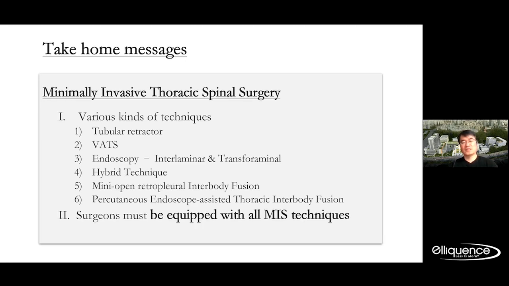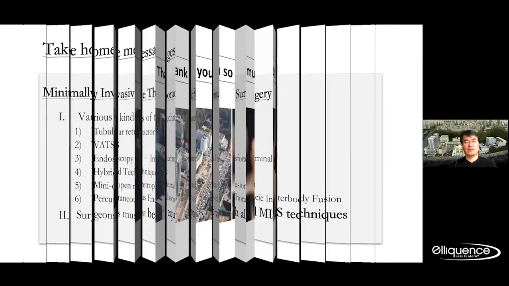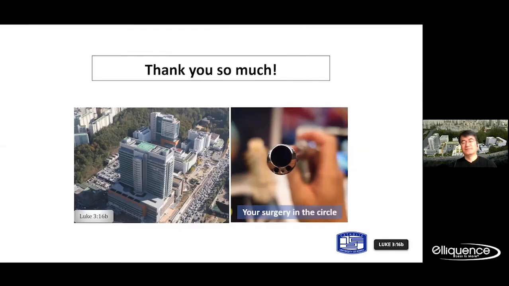But the important thing is MI surgeons like you. I hope you will learn all kinds of MI solutions for the treatment of thoracic disc herniation. Thank you for your attention.